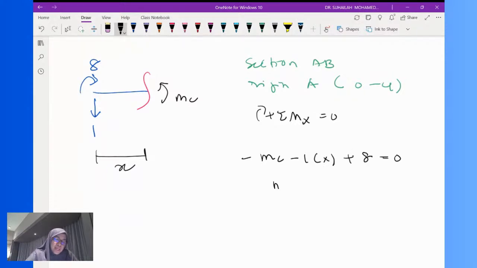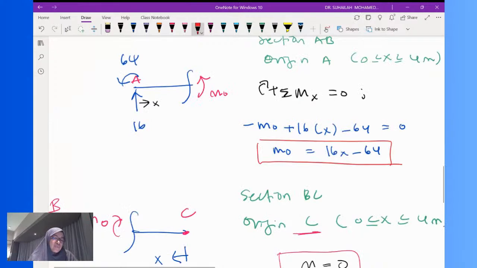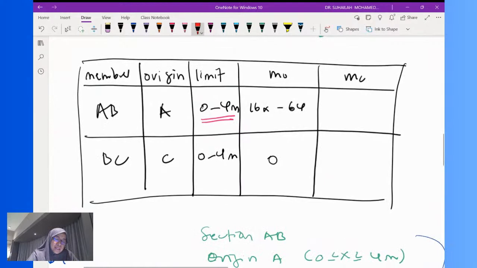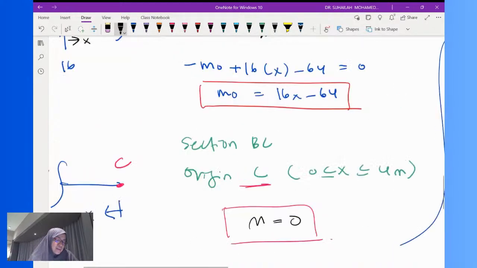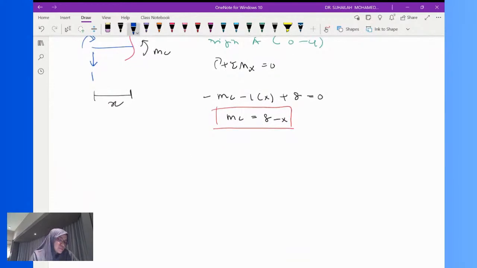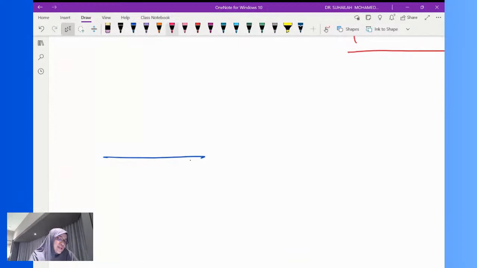So MC is equal to 8 minus X. So this is the moment equation. 8 minus X we put into the table. So in this table, it is 8 minus X. And the last one, the value is 1.